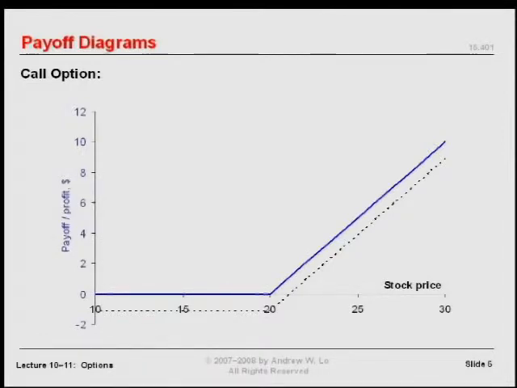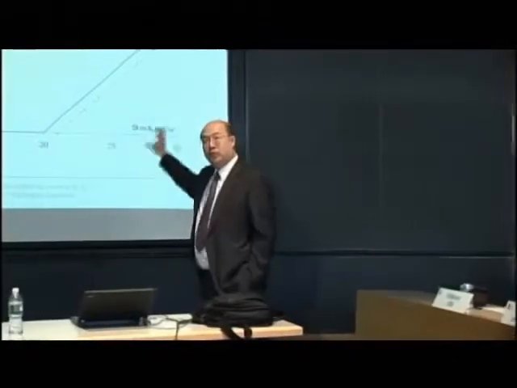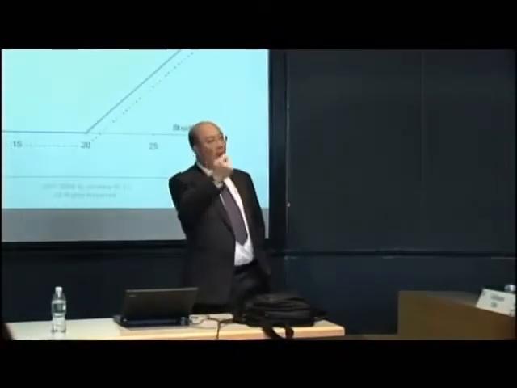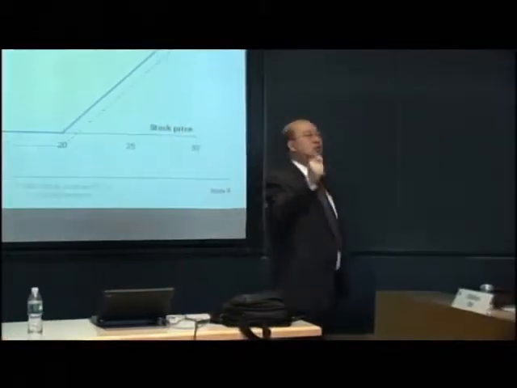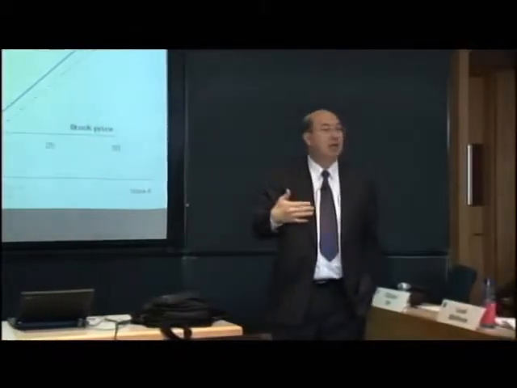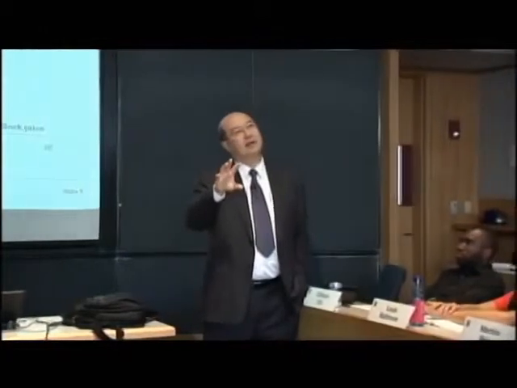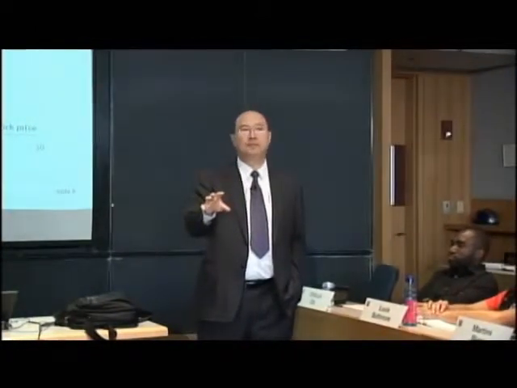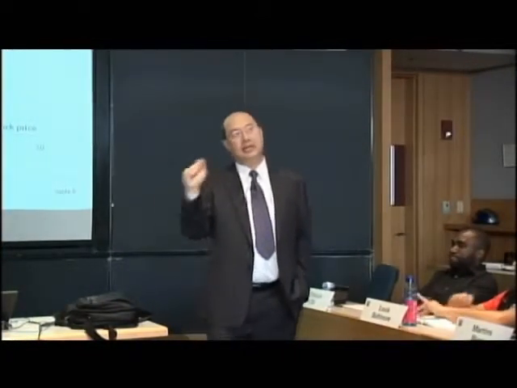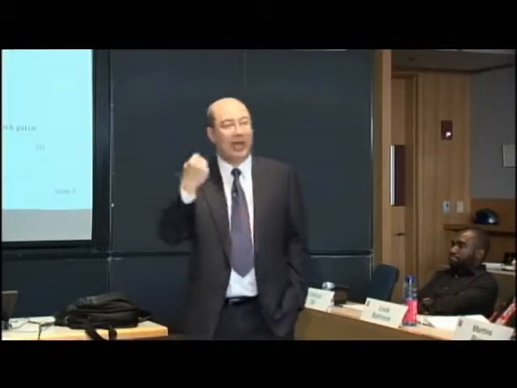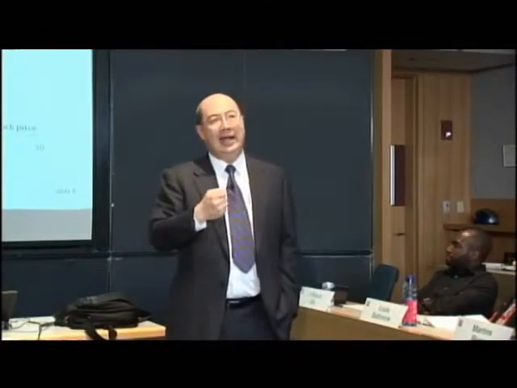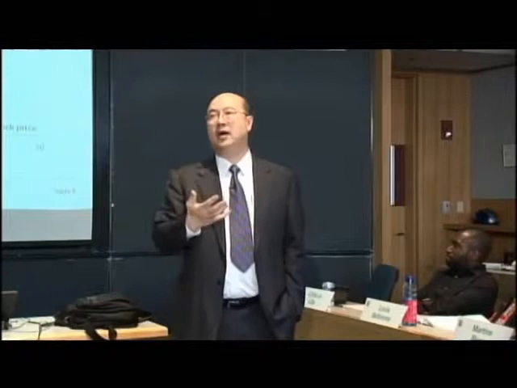All right? So let's suppose that the option has a strike price of $20. That gives the holder of the option the right to purchase the stock for $20 at the maturity date. So it's a call option, meaning it gives you the right to call away or buy the stock, and the strike price is set at $20.